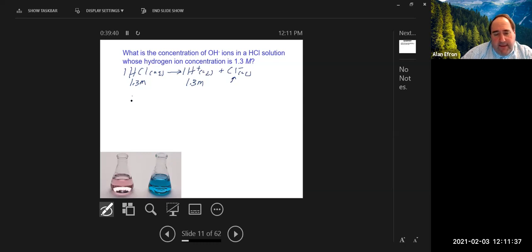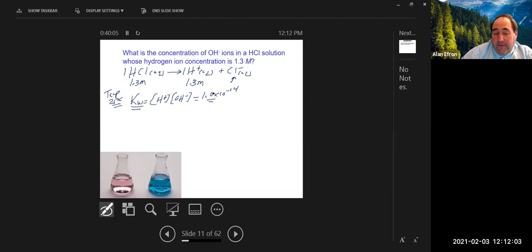We could use our Kw, which is our H plus times our OH minus, and that equals 1 times 10 to the minus 14. That 1 times 10 to the minus 14 is a number you will probably use 99.9% of the time, but you should remember that this is still a K value, which means if the temperature is not 25 degrees Celsius, there will be a different value.